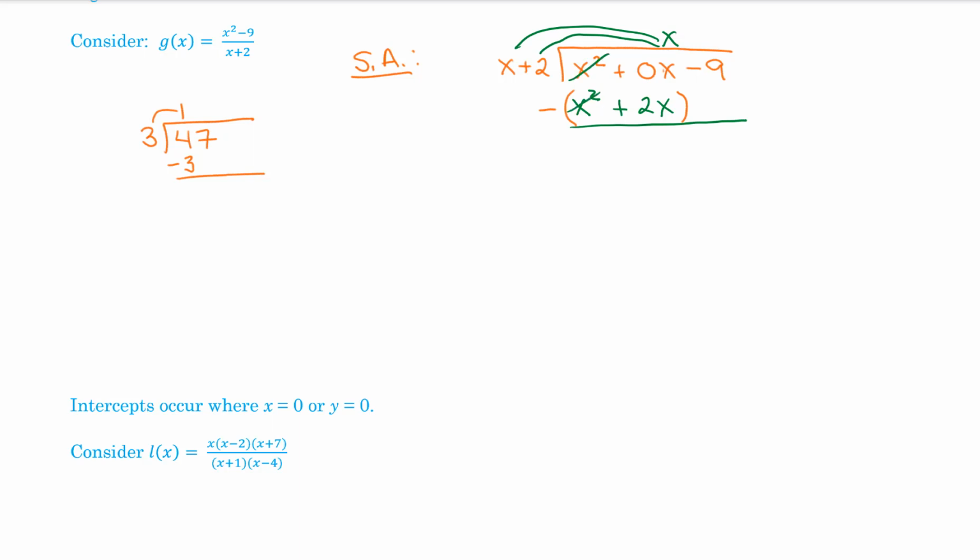Here's where you got to be careful. We have 0x. It isn't plus 2x, it's actually going to be a minus 2x there. So what you're going to have is 0x minus 2x. So we're going to wind up with a minus 2x. Notice there's nothing in this place. So I'm just going to bring down the minus 9.